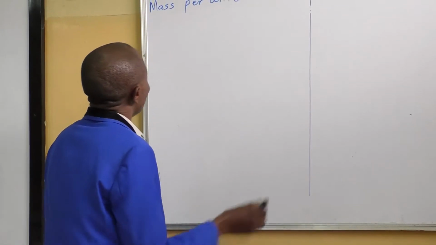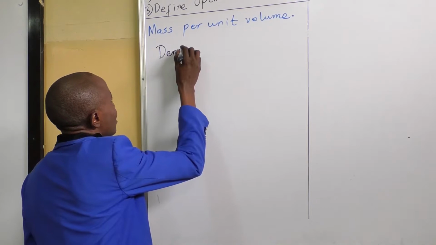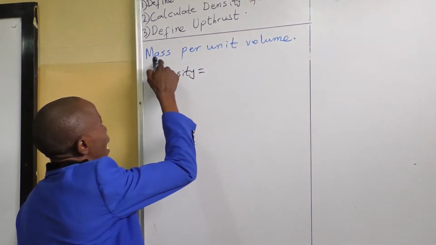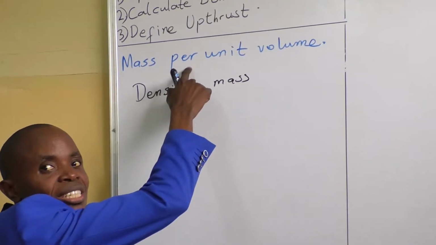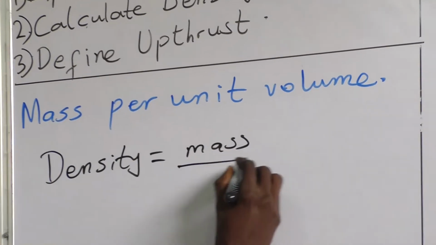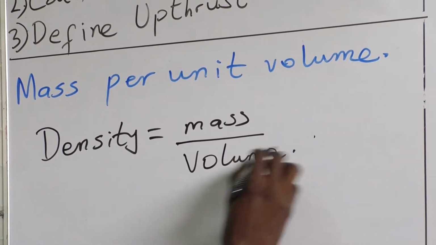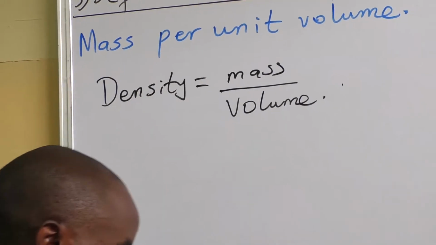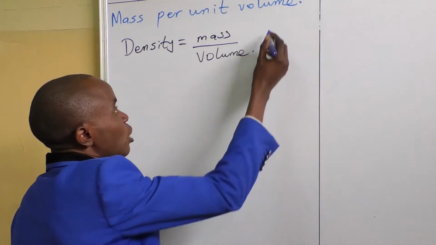Going with this statement, we can easily get a formula for it. We can then say that density is mass per volume. In physics, wherever you see per, it means we divide. And that is the formula for density. From here also, we can get the unit of density. What's the unit for mass?